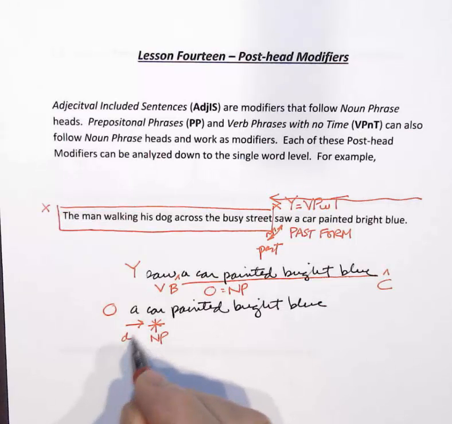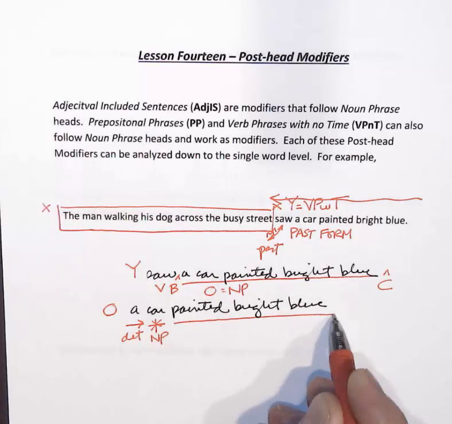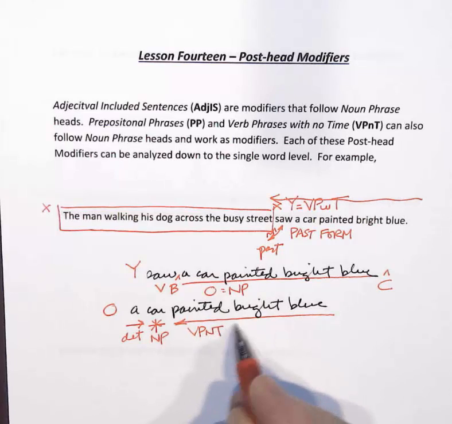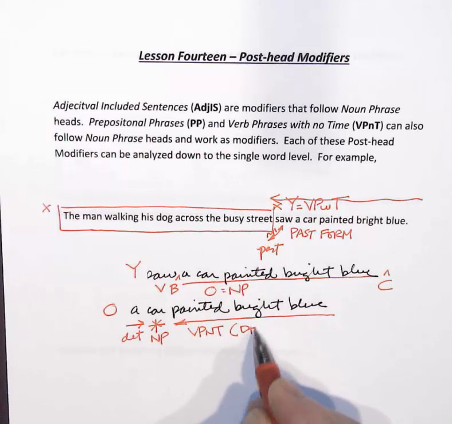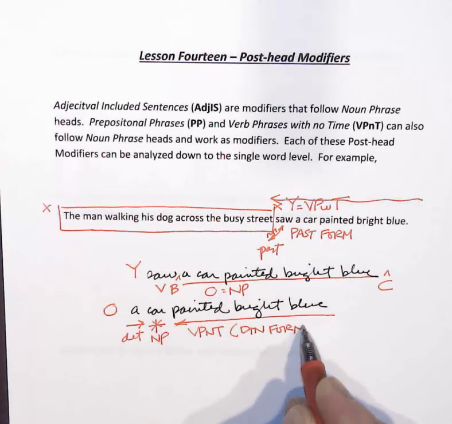A is a determiner, and painted bright blue is a verb phrase, no time. It's the DTN form that modifies the car.